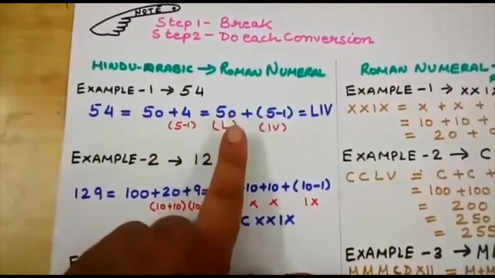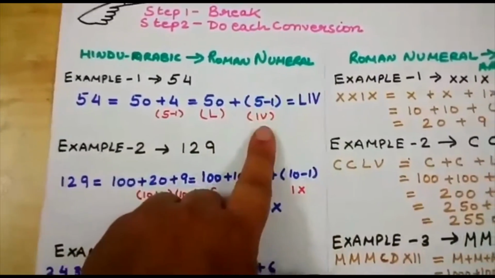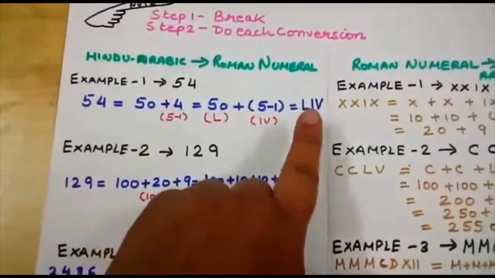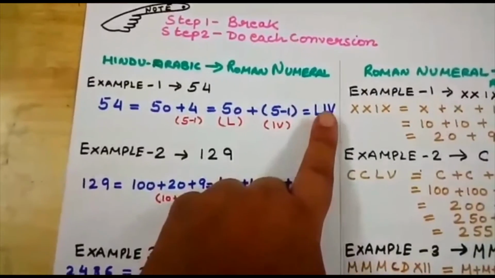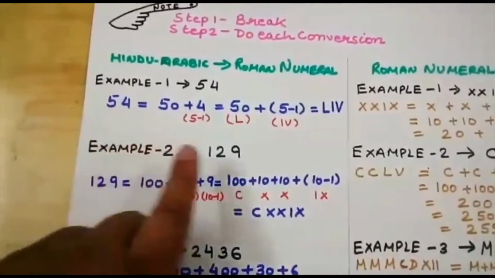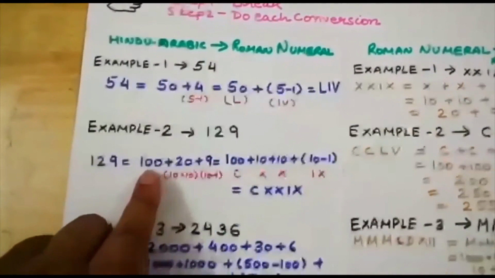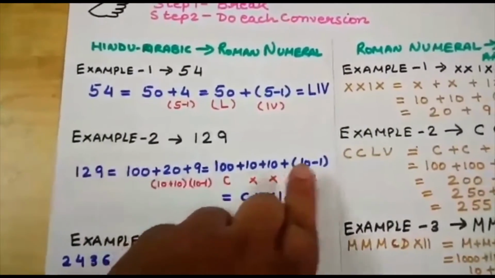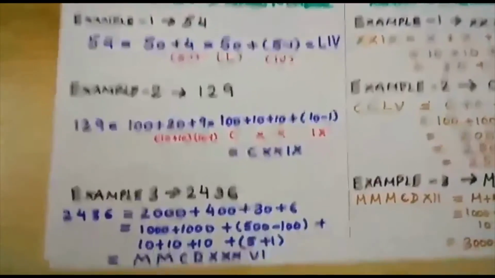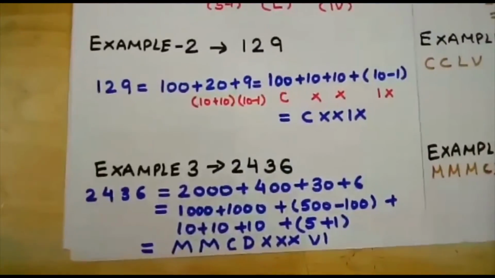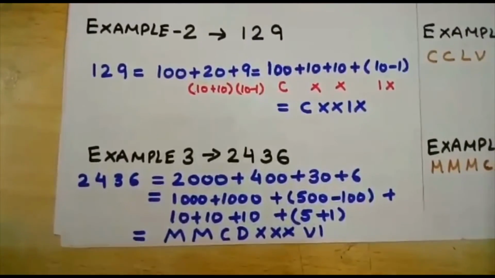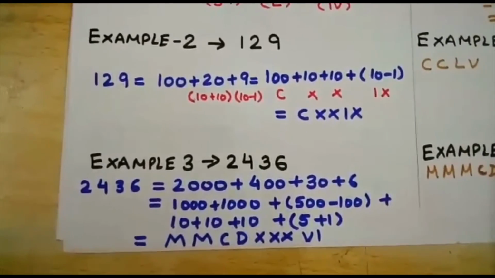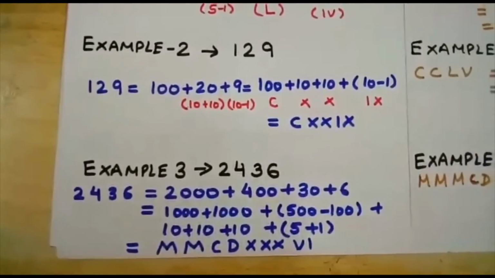So 50 represents L and 5 minus 1 represents IV. So what is my new numeral? Correct. Another one, 129. 100 plus 20 plus 9. So C, X, X, I, X. Similarly for the third one, check it out. M, M, C, D, X, X, V, I.